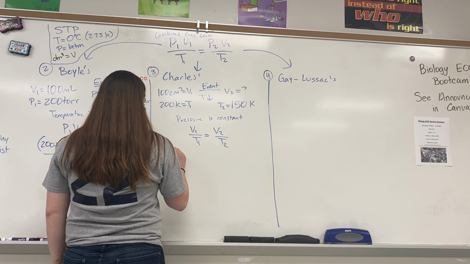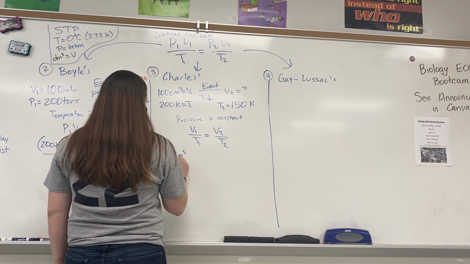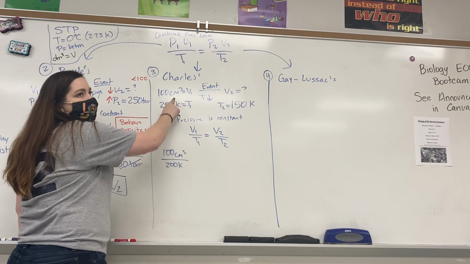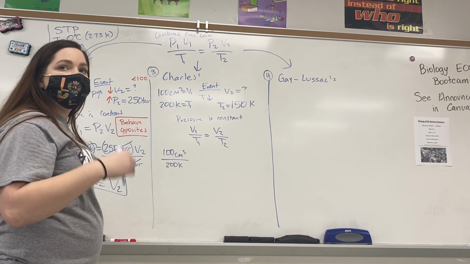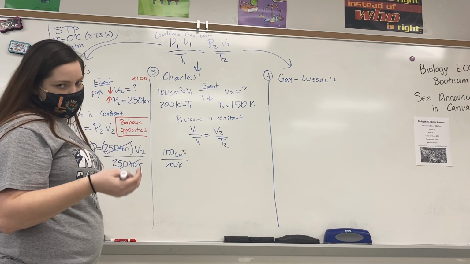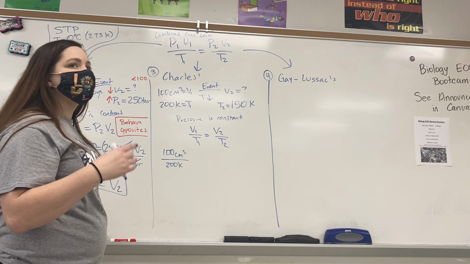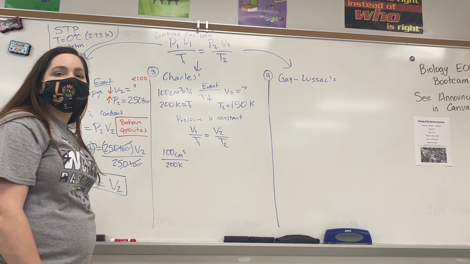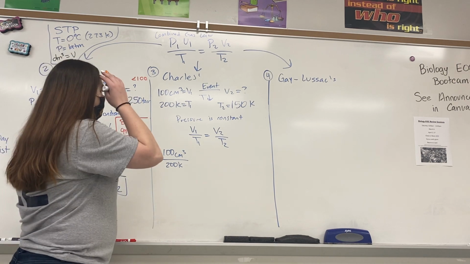So then I have 100 centimeters cubed over 200 Kelvin. If a unit is cubed, that is a unit of volume. So centimeters cubed, meters cubed, decameters cubed, it doesn't matter. They're all units of volume, okay?